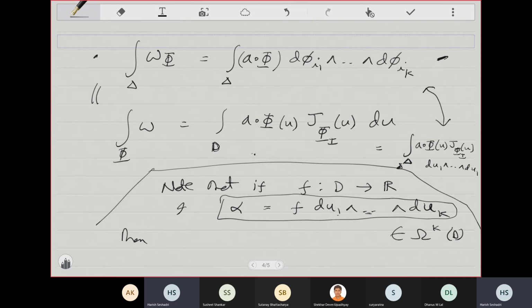Notice that both are now integrals over delta. So the integrands should be equal. And A composed with phi is the common thing, so that doesn't play any role. What is important is that this thing here should be equal to the remaining stuff here.